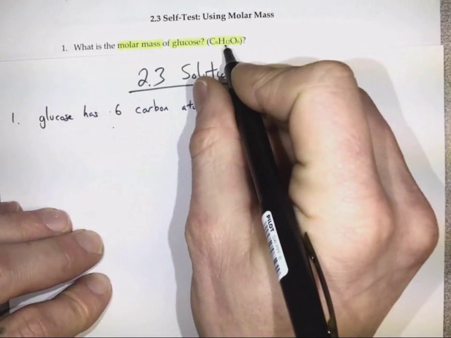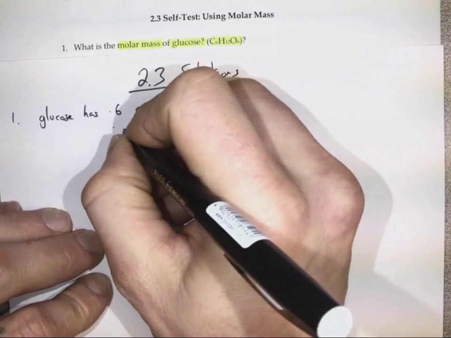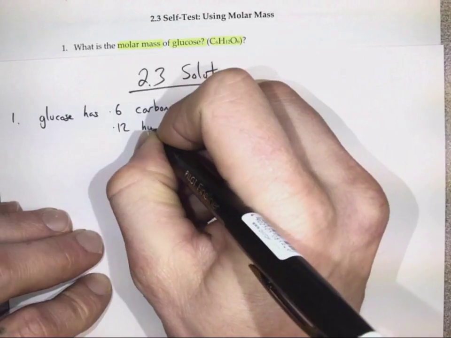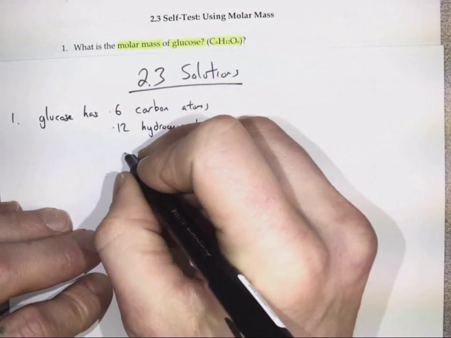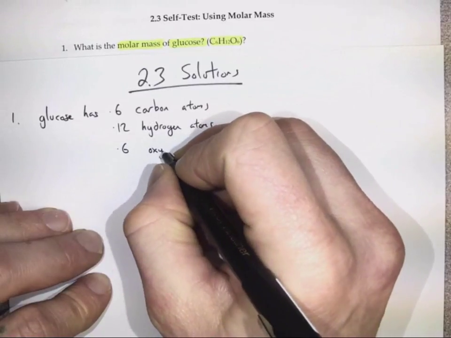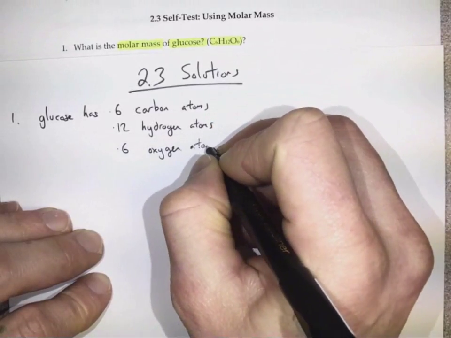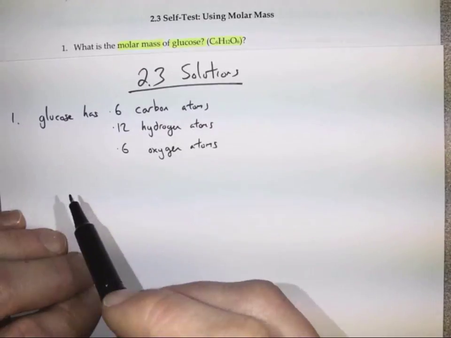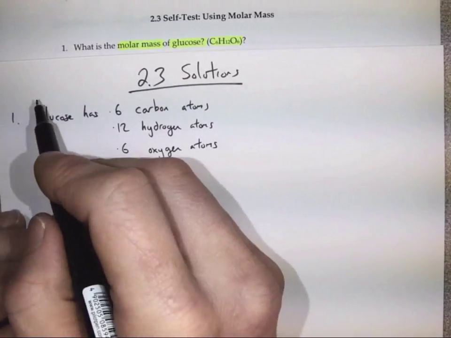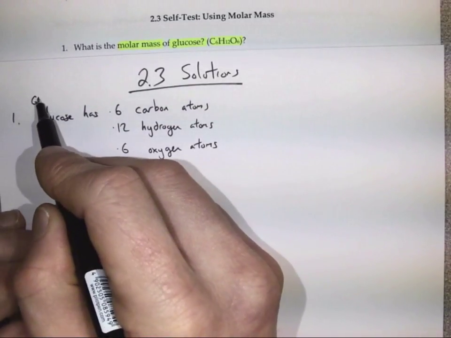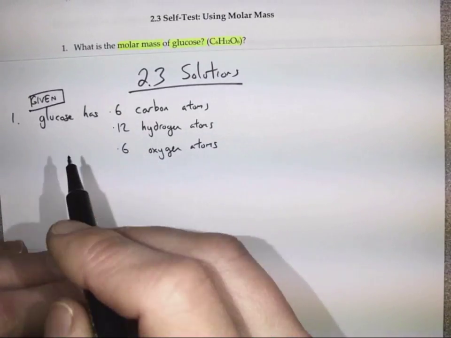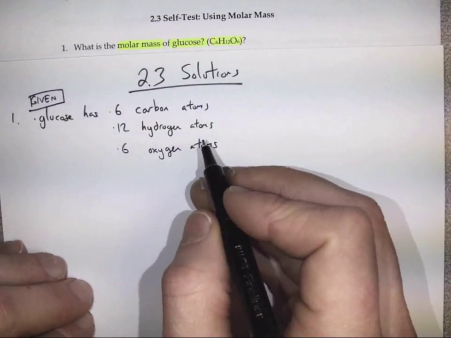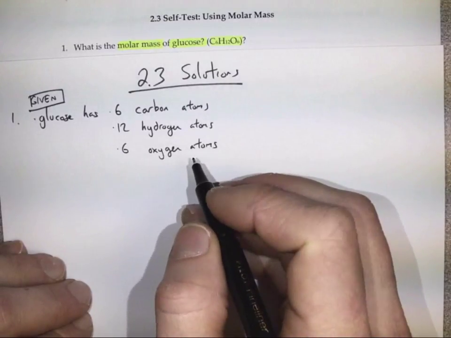We're told it has 12 H, for hydrogen atoms, and 6 oxygen atoms. In a way, I'm listing the givens here. We're told that glucose has 6 carbons, 12 hydrogens, and 6 oxygens.